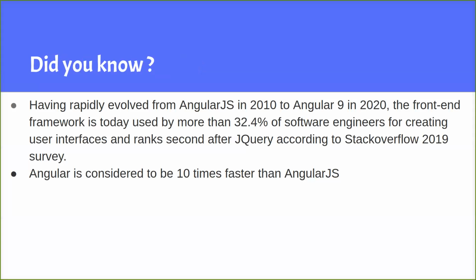Did you know? Angular evolved from AngularJS in 2009 to Angular 9 in 2020, and according to a Stack Overflow developer survey done last year, it ranks third amongst the web frameworks preferred by most: that is jQuery, then React, then Angular. It also ranks second after jQuery in terms of what professional developers require.